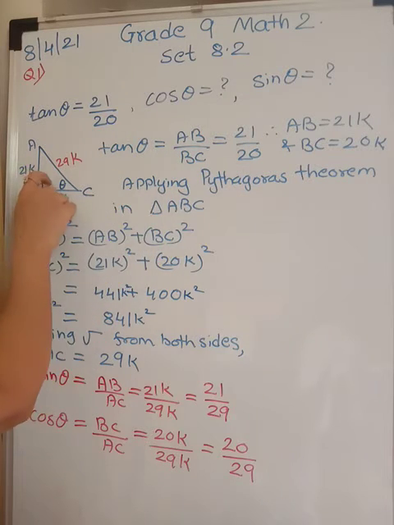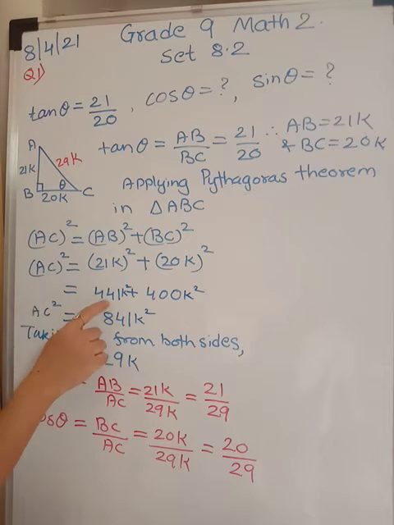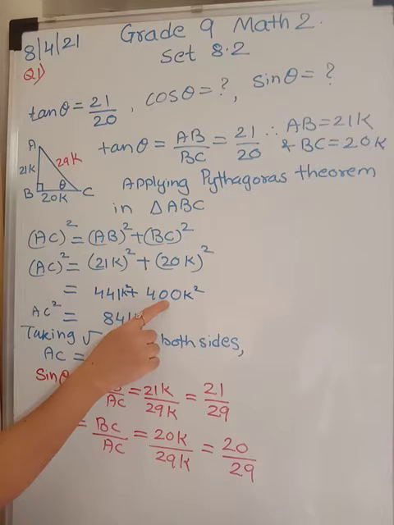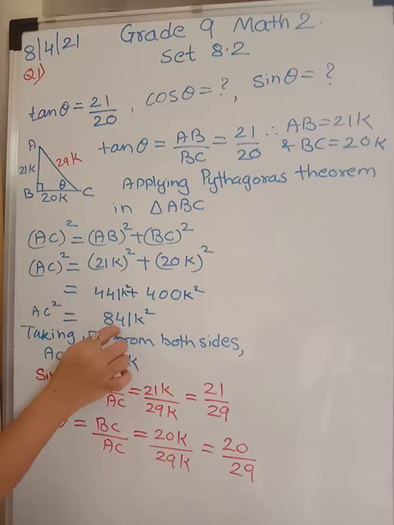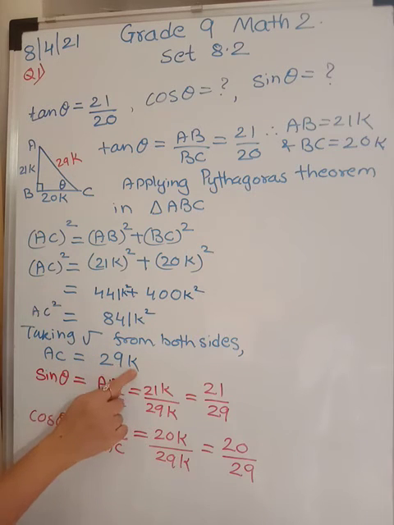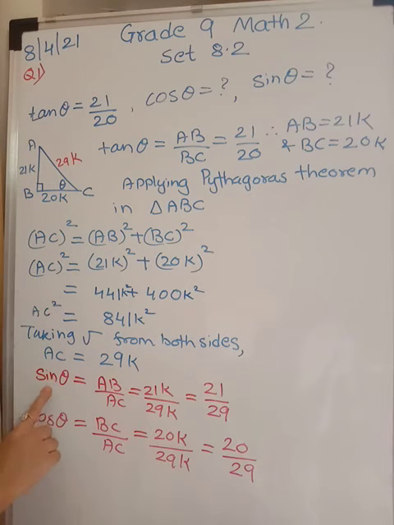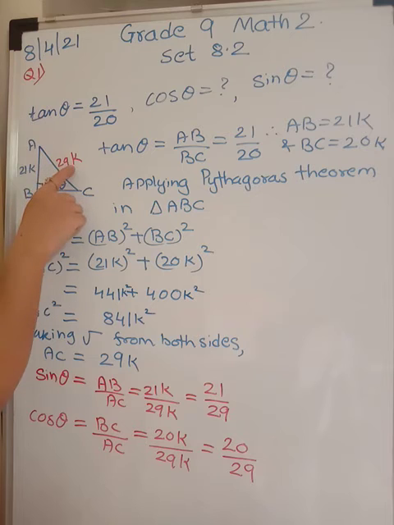Now apply Pythagoras theorem in this. You have AC square is AB square plus BC square. So 21K square plus 20K square will be AC square. So you get AC square is equal to 441K square plus 400K square. This becomes 841K square. You know that the square root of 841 is 29. So AC you get 29K. So once you get AC as 29K, you can easily find sin theta as opposite side upon hypotenuse.